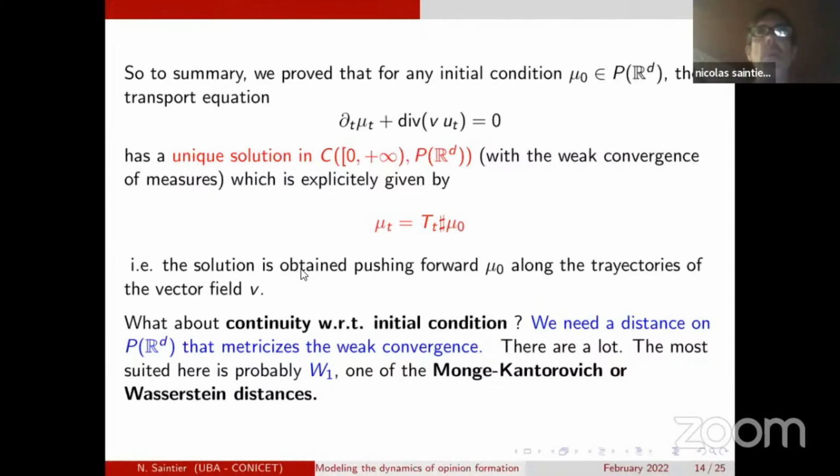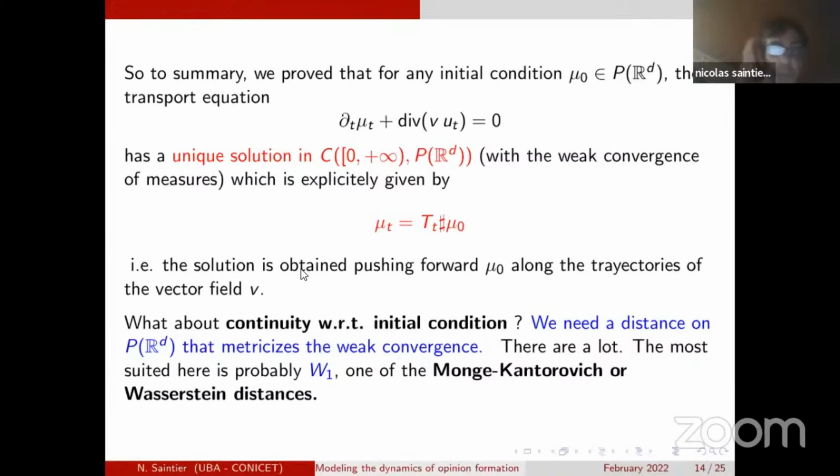You have the Prohorov metric, and a lot of variants. I guess there is a book by a Russian author, Rachev, something like that, who studied more than 150 or 200 metrics giving you weak convergence. So really there are a lot.